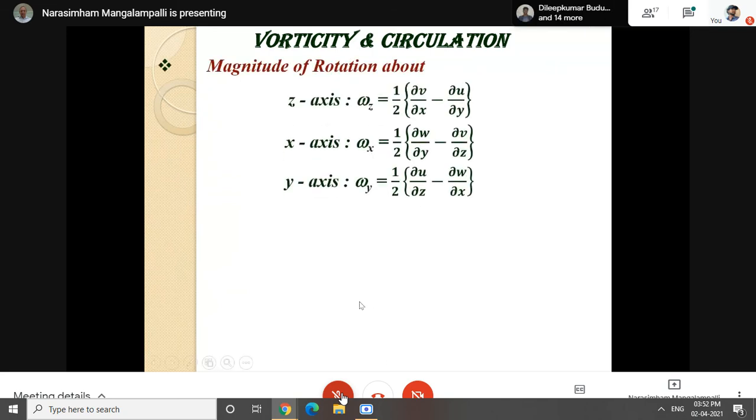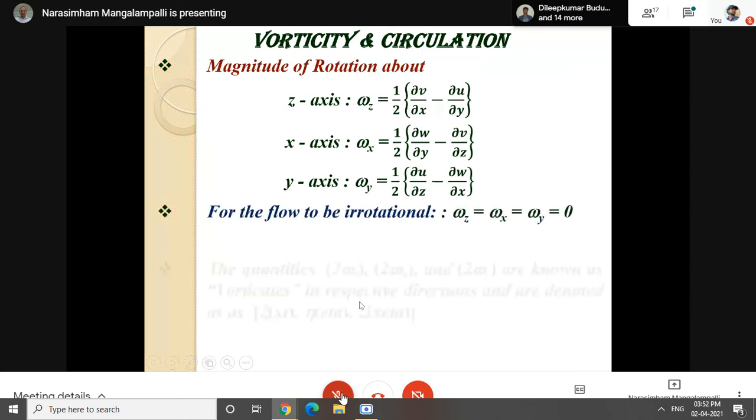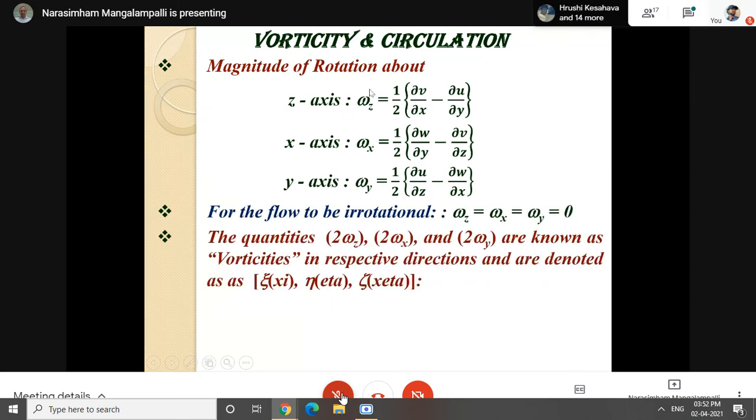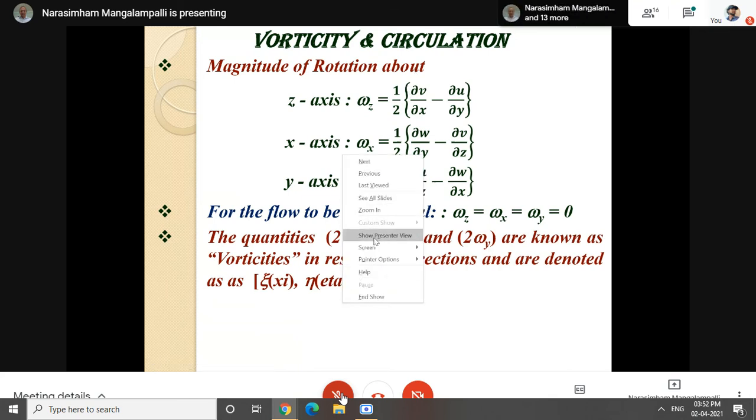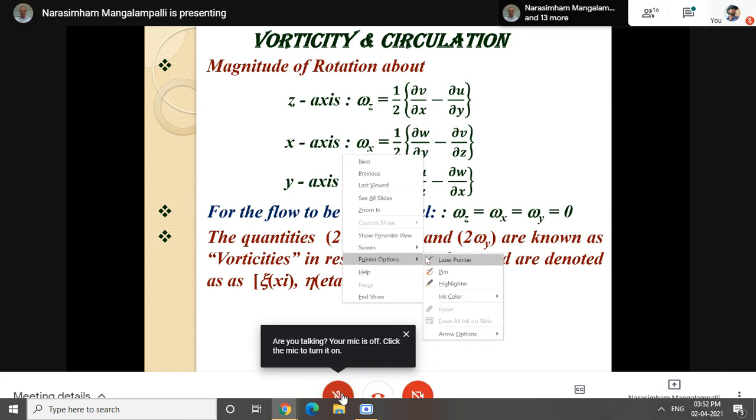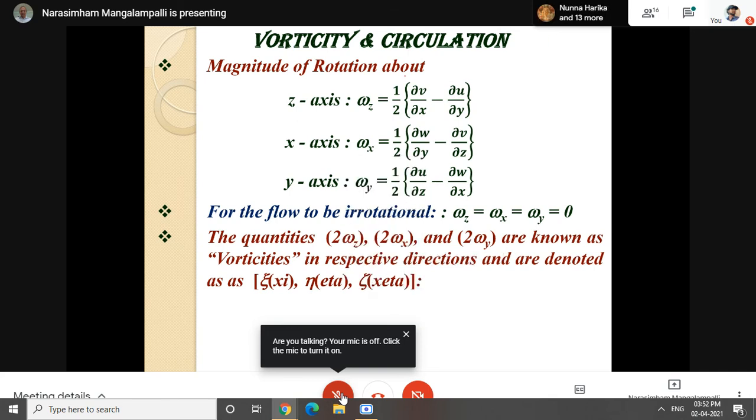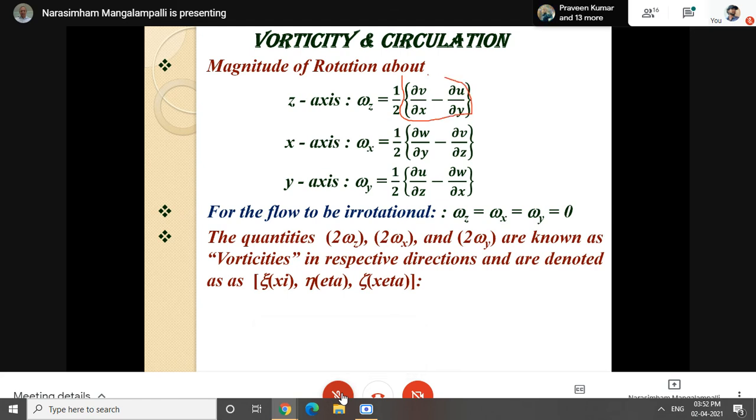The vorticity vector is twice the angular velocity, so it is equal to dou V by dou X minus dou U by dou Y. Minus 2, sir, whatever it is.